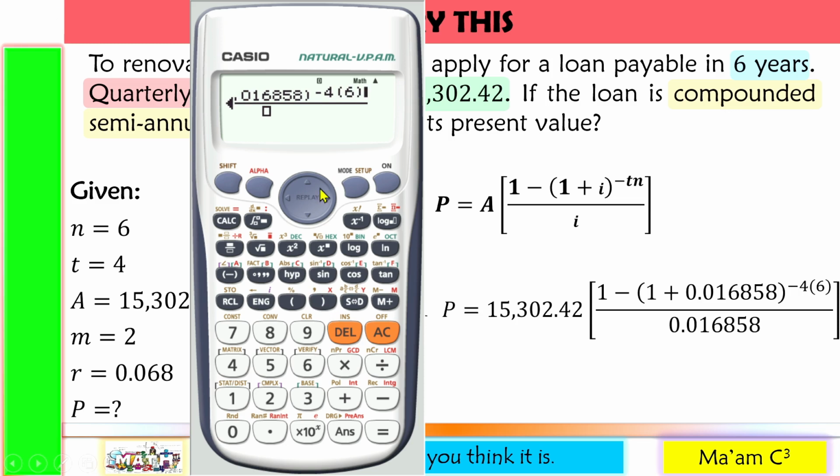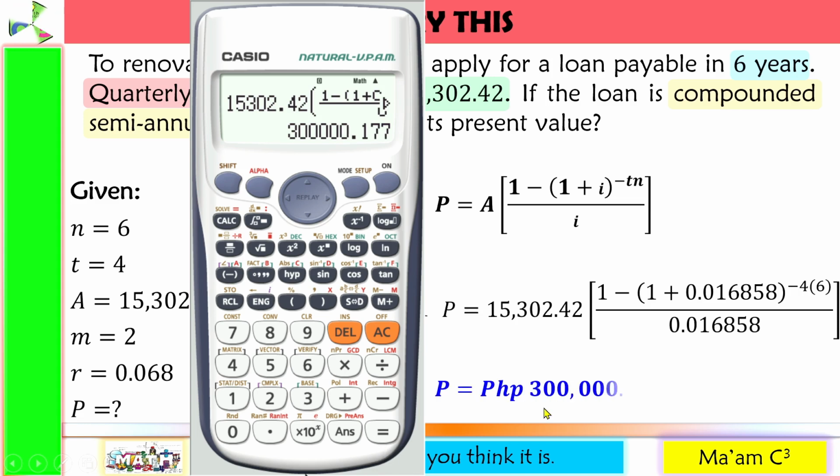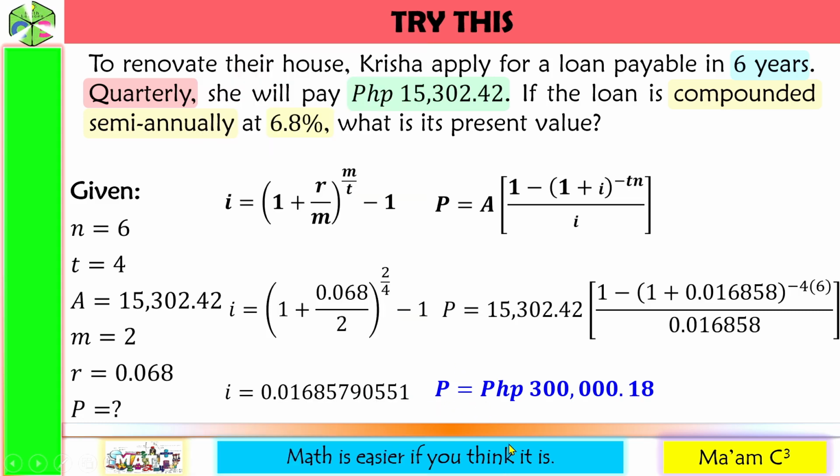Close parenthesis, cursor down, 0.0168858. Cursor to the right, close parenthesis, equals 300,000.177 or 300,000.18. This is the present value.